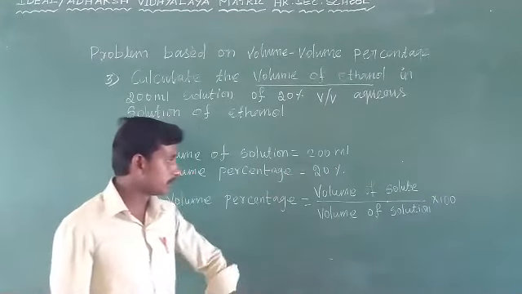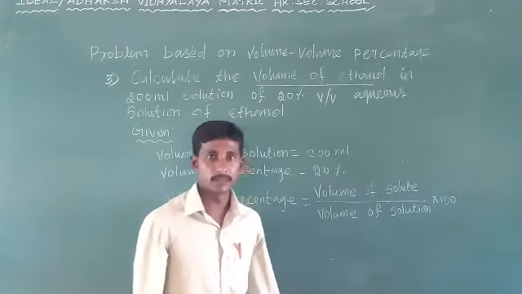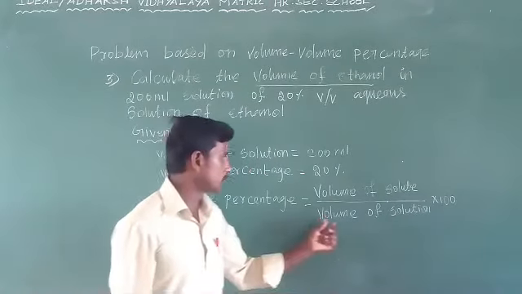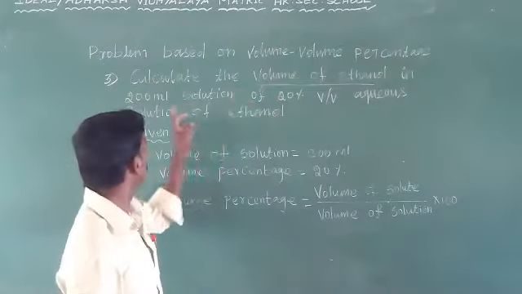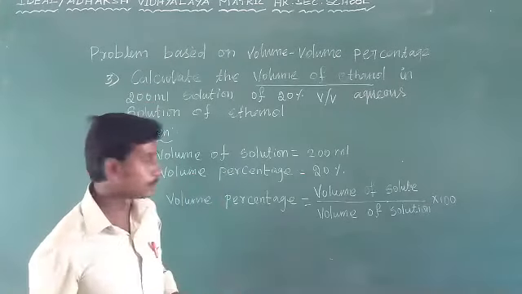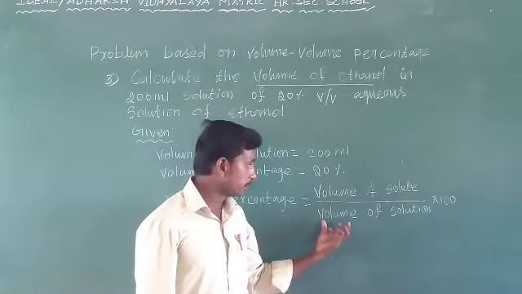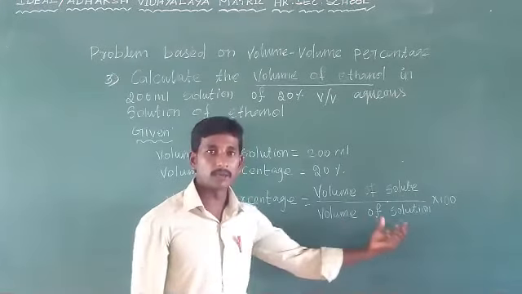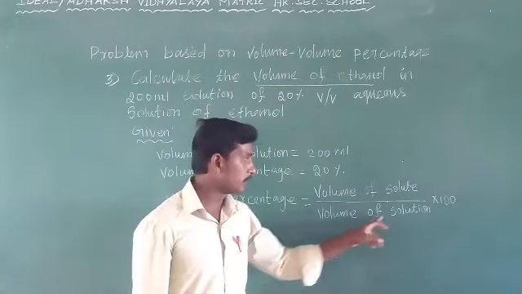In previous problems, we used volume of solute plus volume of solvent. But here we use volume of solution because they have given the volume of solution only. If they give volume of solute and solvent, we can use those instead of volume of solution.